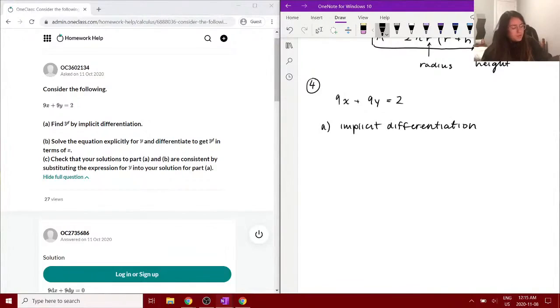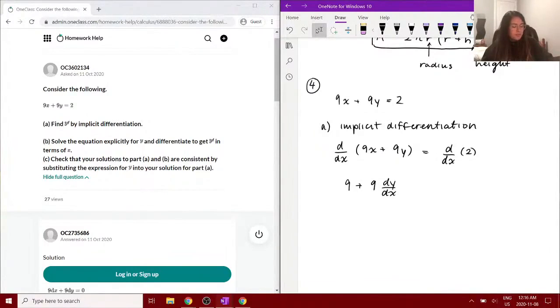Okay. So when we're applying implicit differentiation, we don't have to rearrange or anything. We can just take the derivative as is. So I'm going to take the derivative of both sides. The derivative of 9x is just 9, plus the derivative of 9y is 9, but because you're taking the derivative of y, you have to write dy by dx.